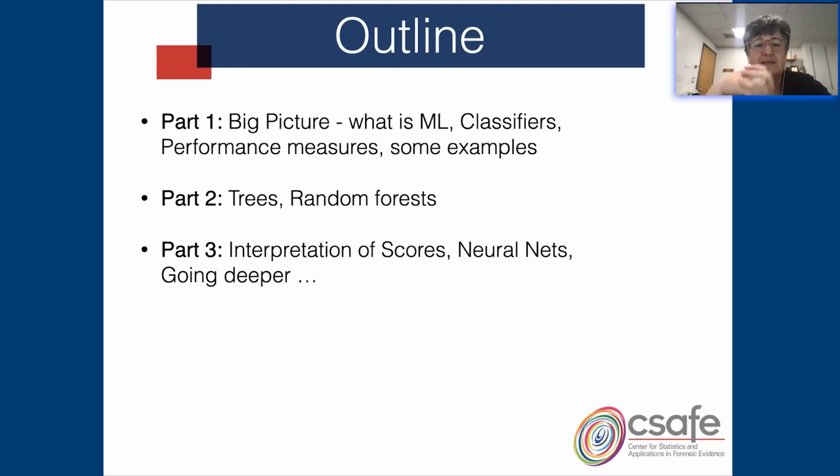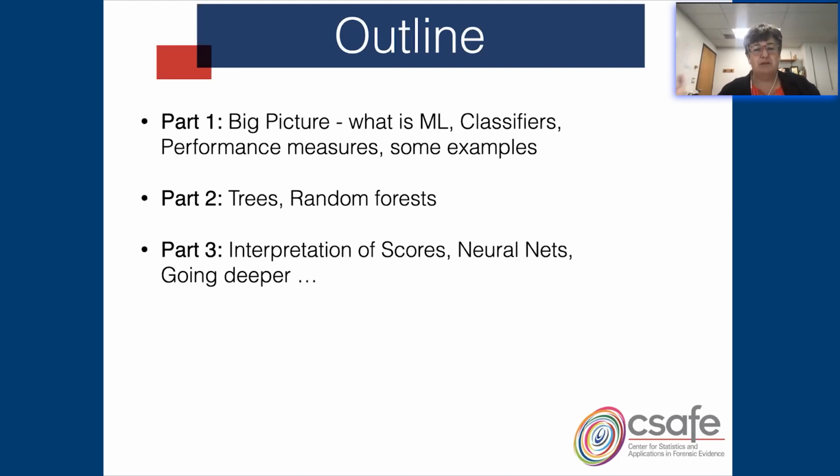So what we have been doing, in parts 1 and 2, we had the intro to what is machine learning. We have by now set up a really nice framework for evaluating different classifiers. We've talked about trees and random forests.